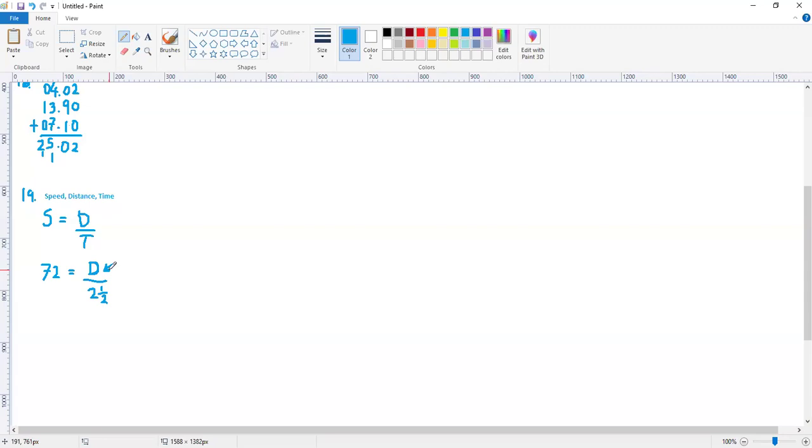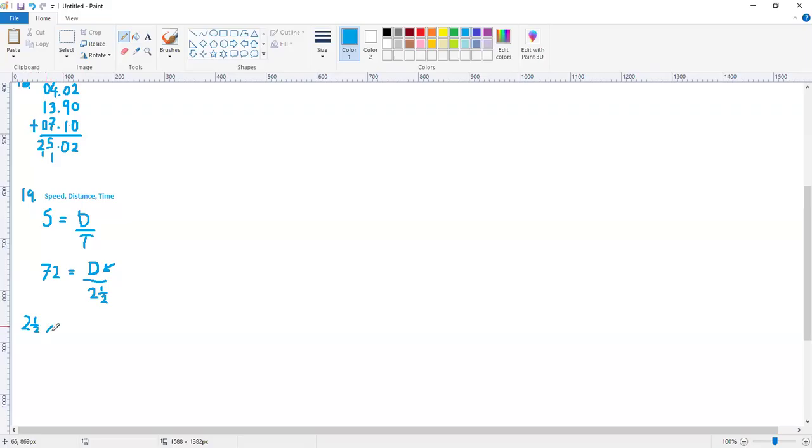So what's the opposite of division? Multiplication. Thank you. So we're going to simply multiply both sides by 2.5.